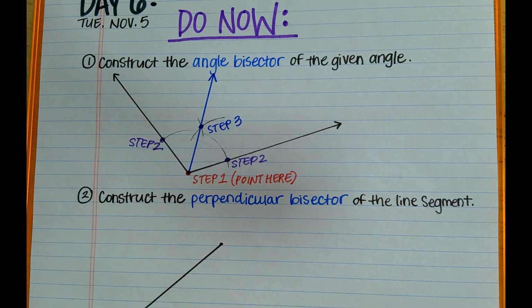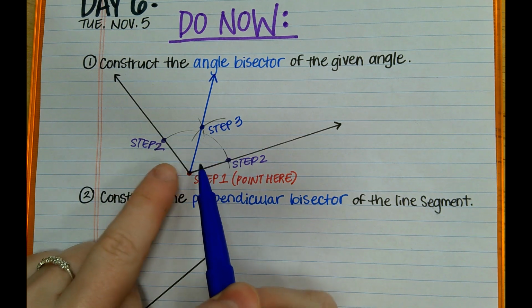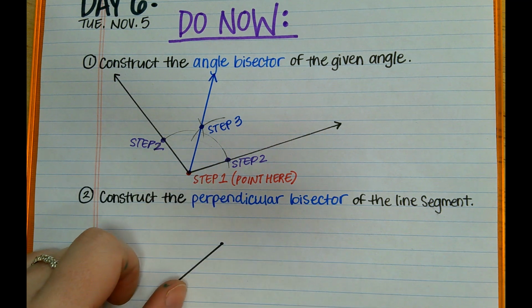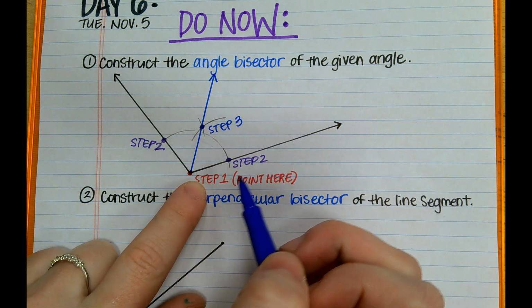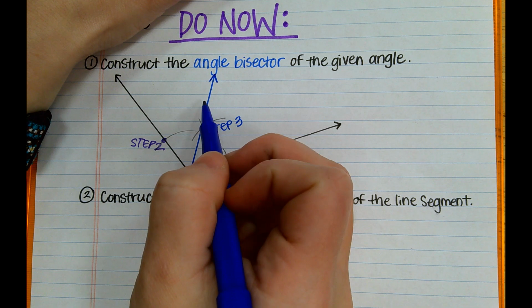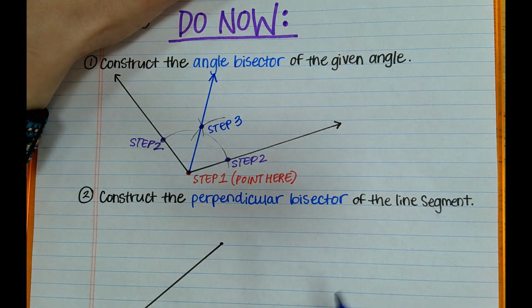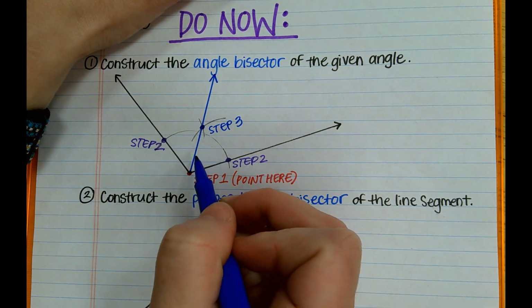Now to complete this angle bisector, just like with a perpendicular bisector, there are certain things we need to label to show that we did it correctly. How could I show that these two angles have the same measure?